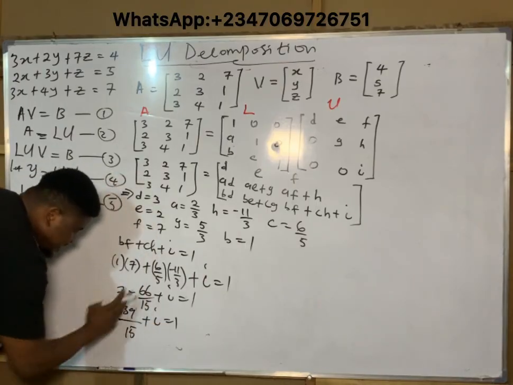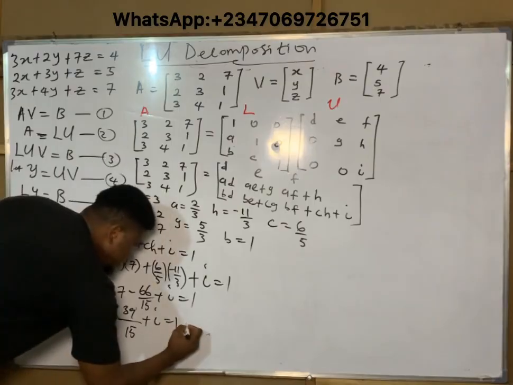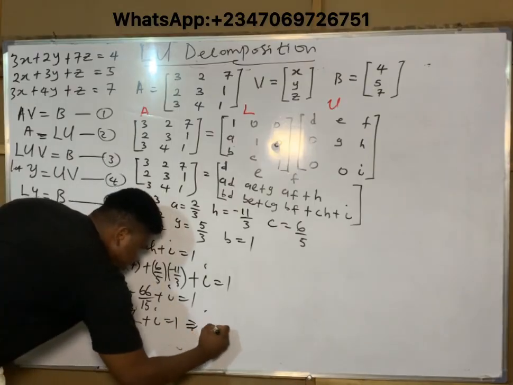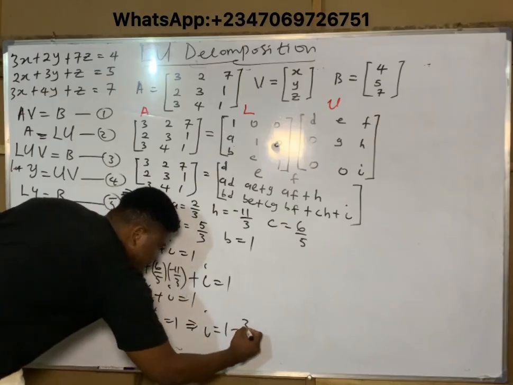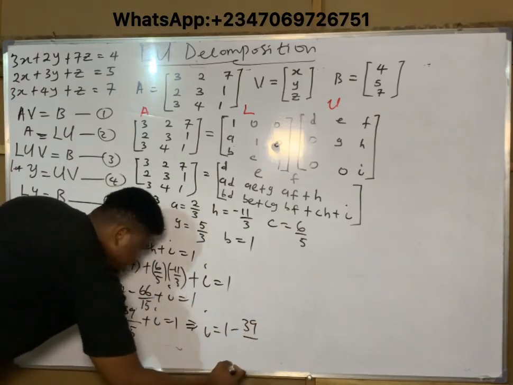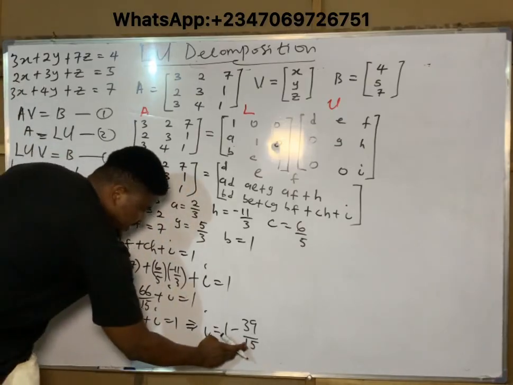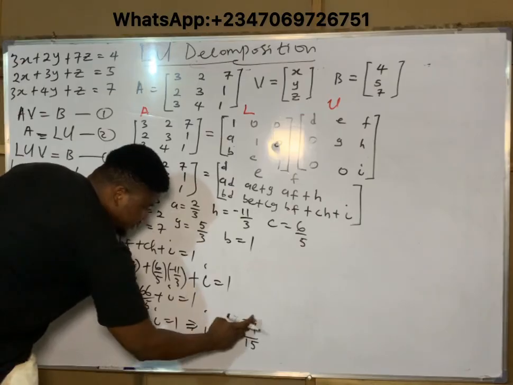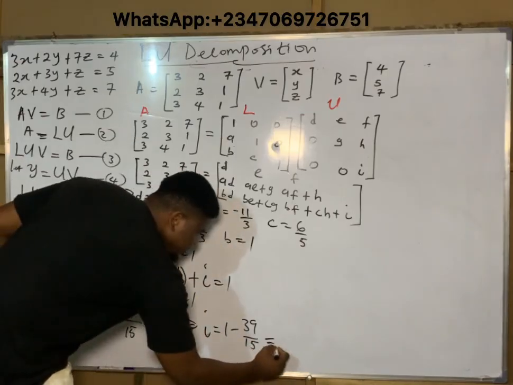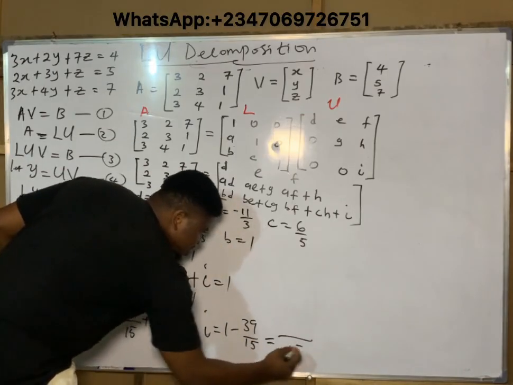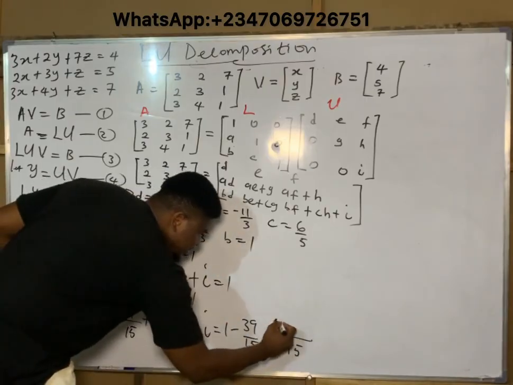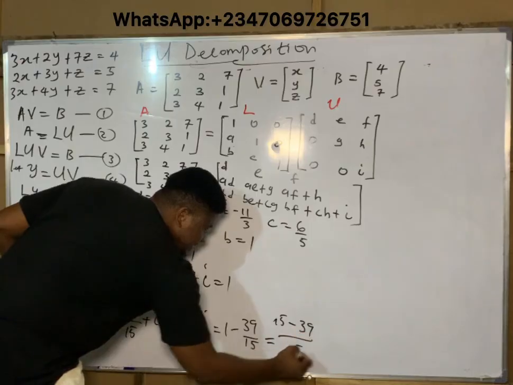So we simply send 39 over 15 over here. This simply implies that I equals 1 minus 39 over 15. So once again, we take the LCM. The LCM is 15. So you have 15 times 1, which is 15, minus 39.